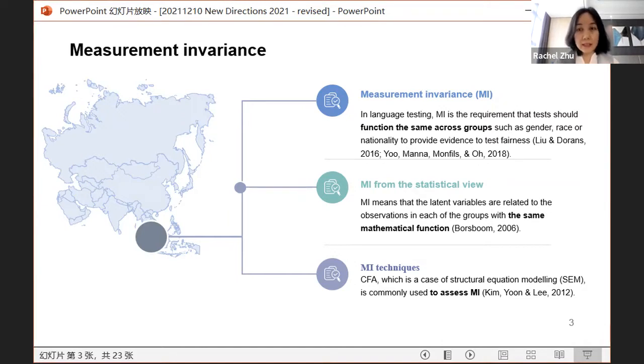MI assesses the psychometric equivalence of a construct, but differential item functioning analysis is used to evaluate test fairness by calculating the number and finding out the location of those DIF items. For MI techniques, as I have written down on this slide, CFA, which is a case of structural equation modeling, is commonly used to assess MI. CFA is confirmatory factor analysis.